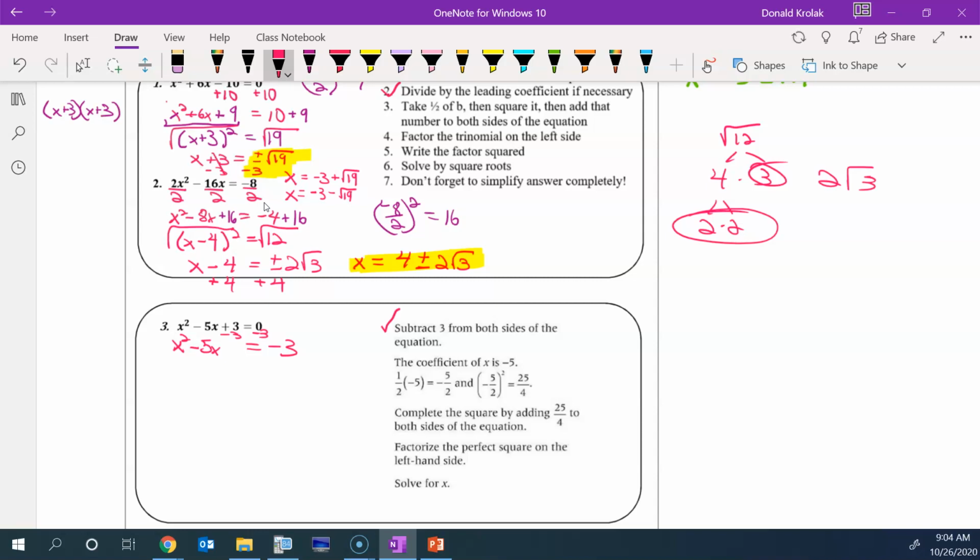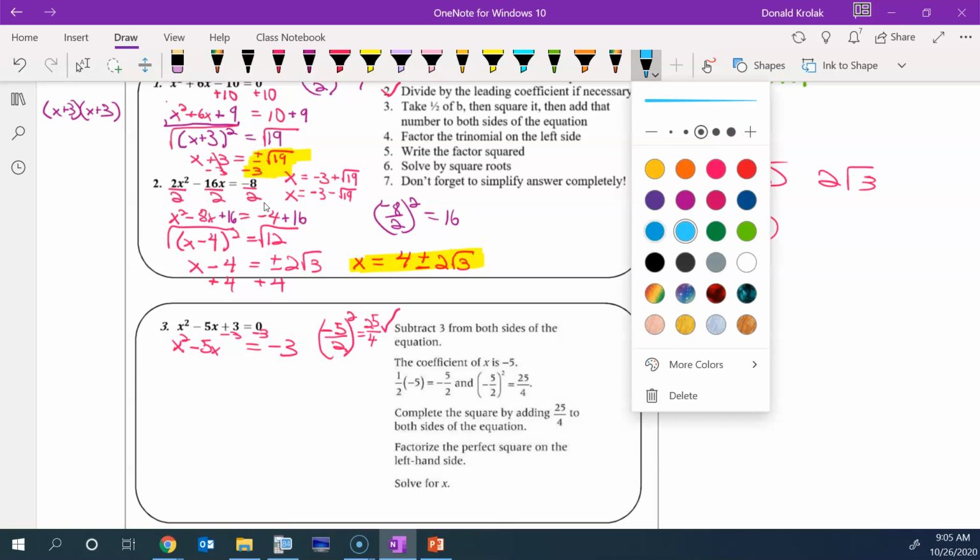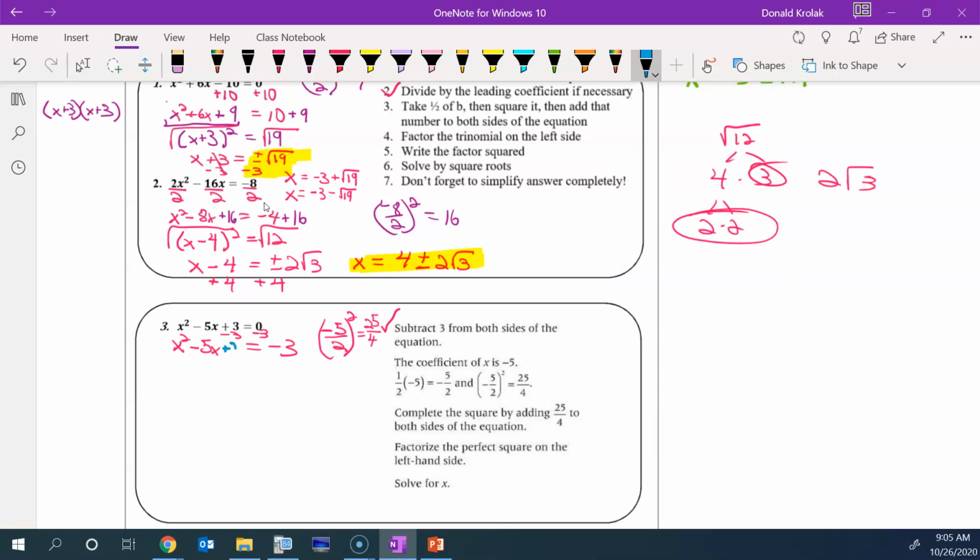Now I take half of b. b is negative 5, divide by 2, and square it. So that's 25 over 4. That's what gets added to both sides: plus 25 over 4, plus 25 over 4.